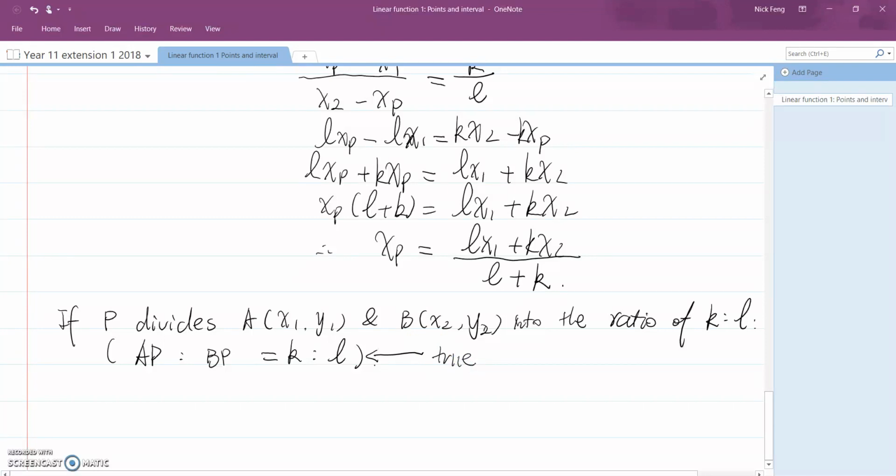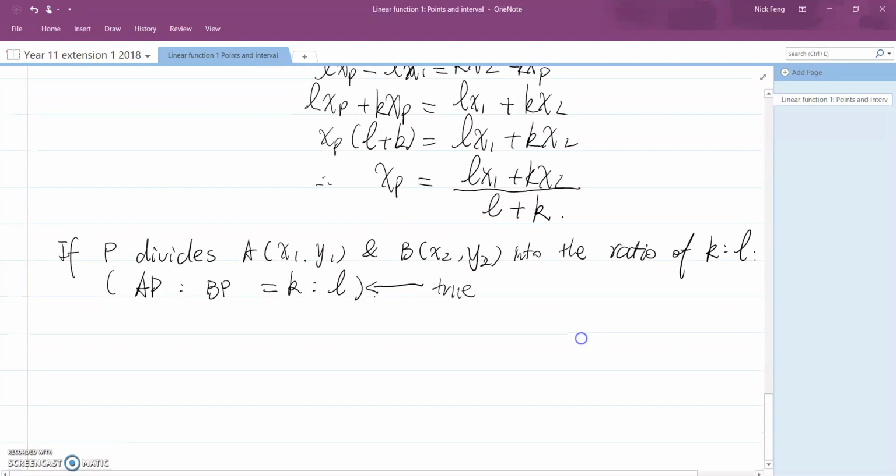So whatever the start is, if the question says P divides interval AB, the first interval you should consider is always AP, and the second interval is BP, which means from A to P, and then from P to B. Then the x coordinate of P is given by this.